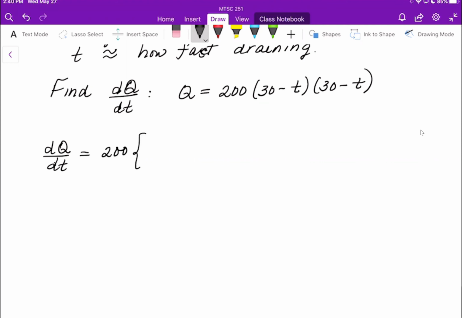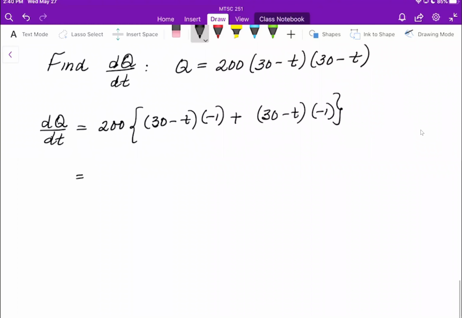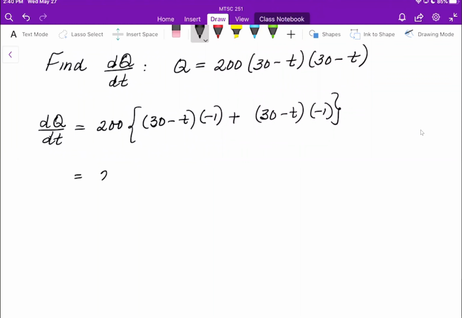So now we're going to get the first, 30 minus t, times the derivative of the second, which is minus 1, plus the second, 30 minus t, times the derivative of the first, which is minus 1. So now we're just going to get 200, and here we're going to get minus 2 times 30 minus t.